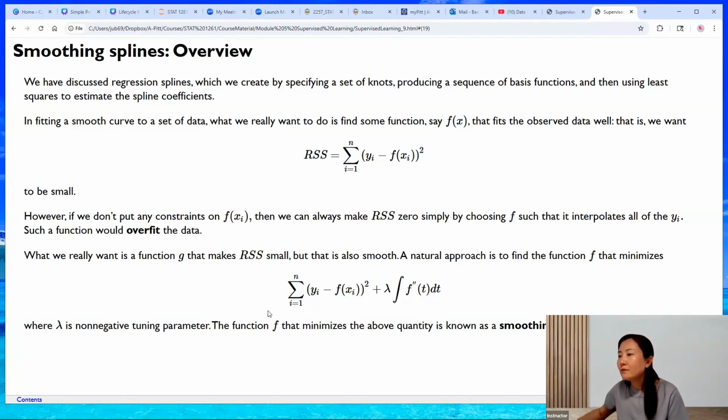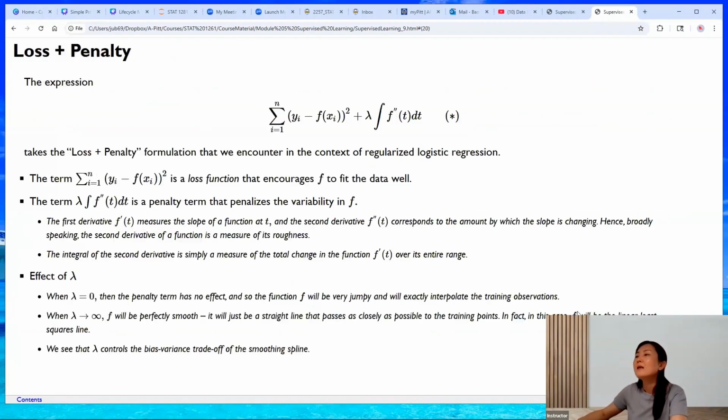If we use this as a loss function and try to minimize it, the model is called a smoothing spline. It will make the curve even more smooth. And let's see why this term can be used to penalize complex models.